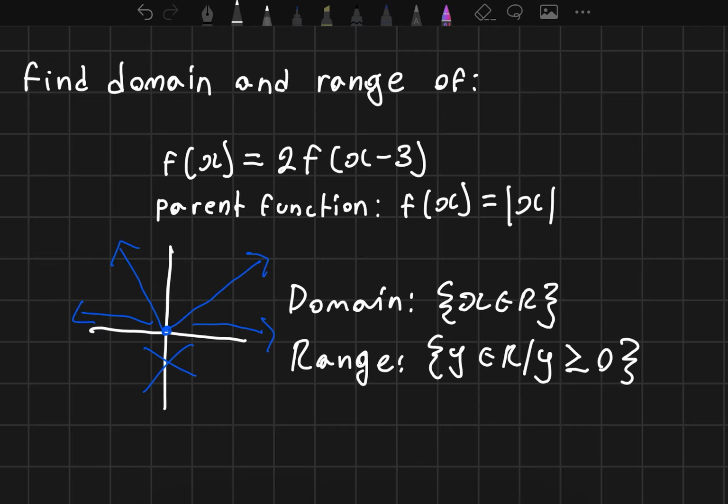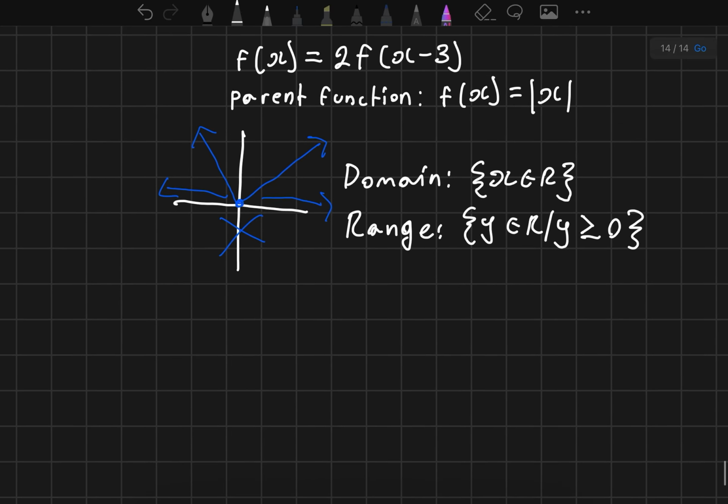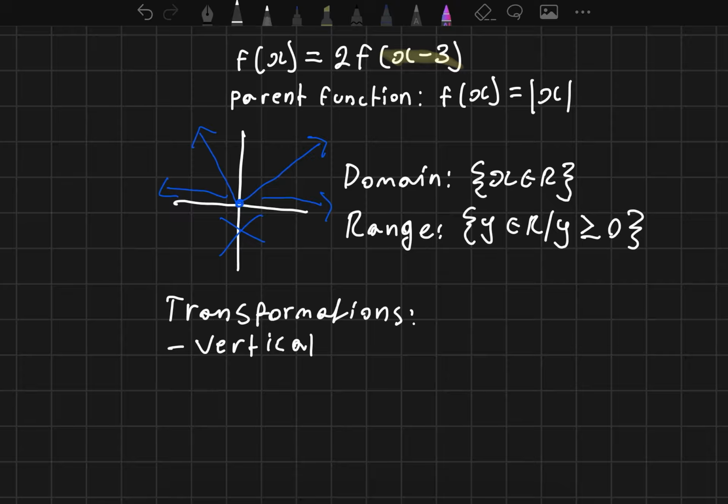Okay, so now that we have the parent function, we can get the transformations. So here we can see this transformation is a vertical stretch by a factor of 2. And BAFO just stands for by a factor of.